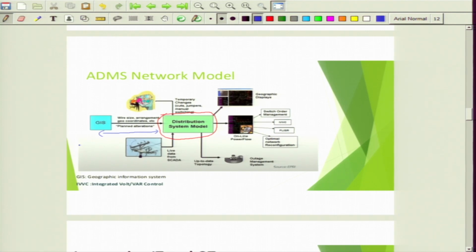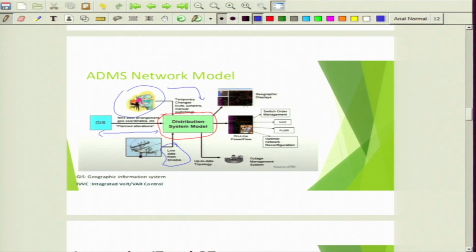So, a snapshot of the entire distribution system is very much important. And then the live data from SCADA. So, this is the live data which is coming from SCADA. Temporary changes like cuts, jumpers, manual switching. So, these are the changes, if anything as such is seen in the distribution system.